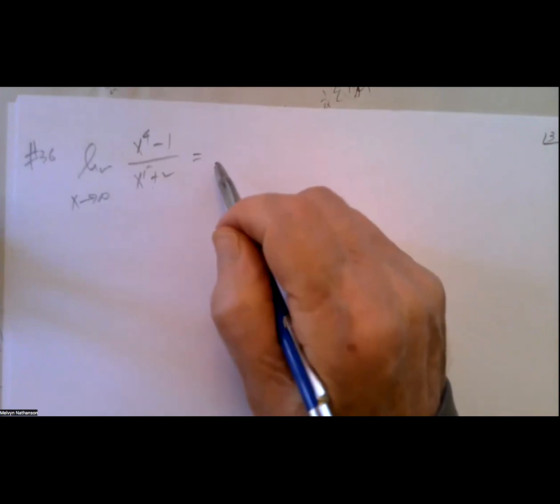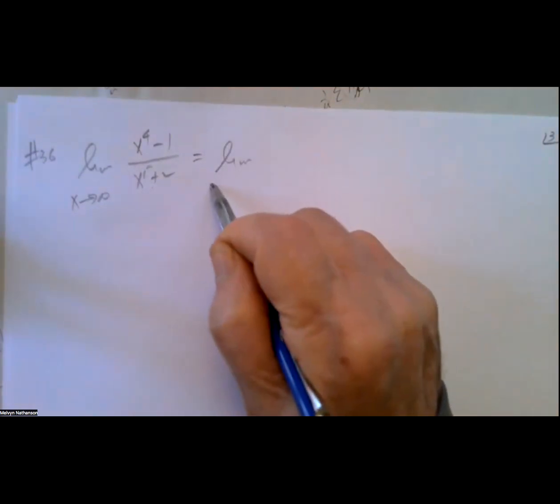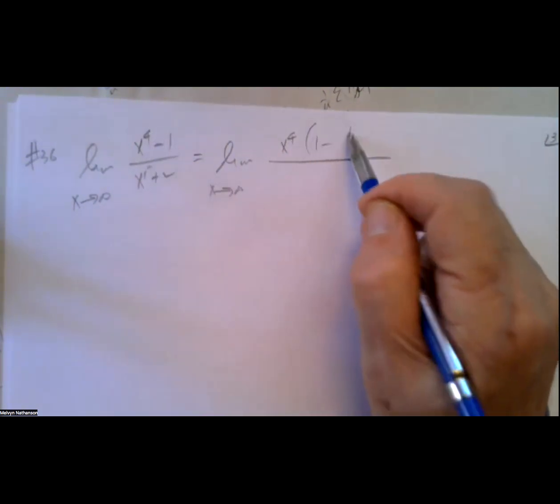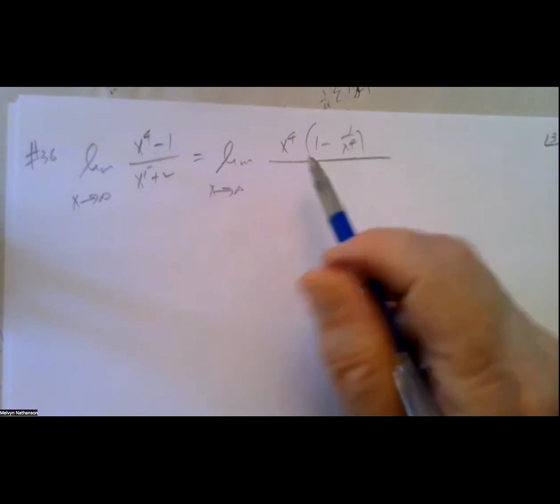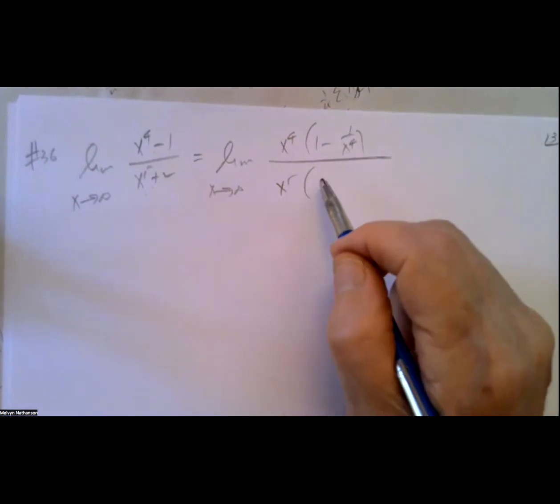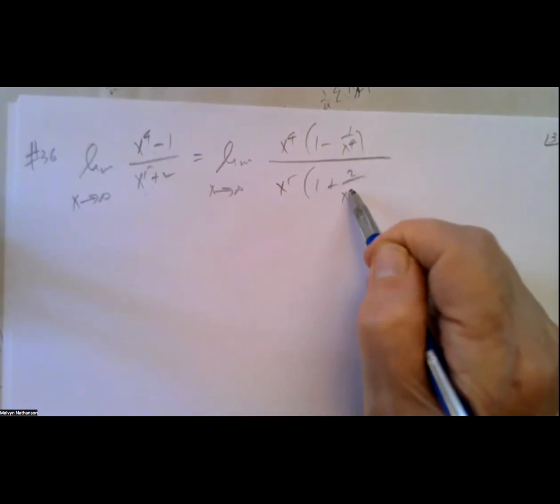Let's rewrite this slightly. This is the limit as x goes to infinity. If I factor x to the fourth out of the numerator, I get 1 minus 1 over x to the fourth. And if I factor x to the fifth out of the denominator, I get 1 plus 2 over x to the fifth.